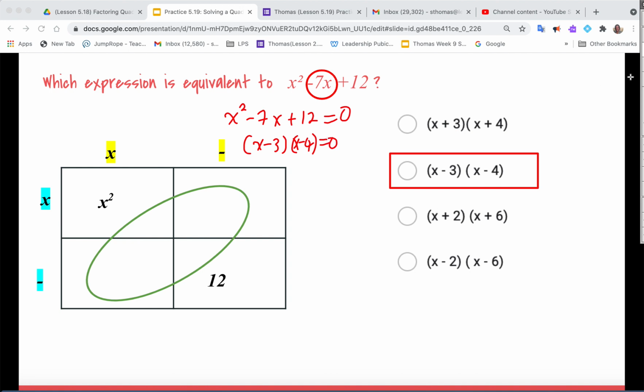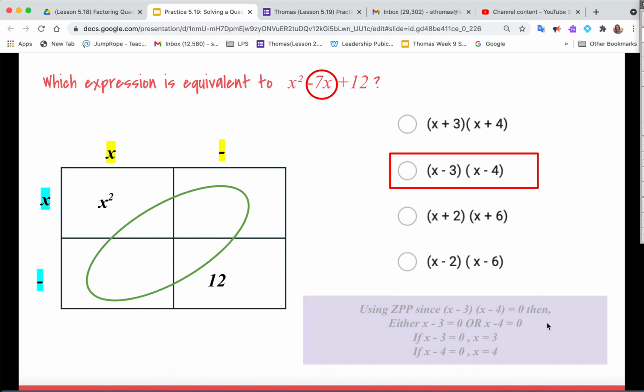So since that is the case, we're going to use the zero product property. So if the factored form of the equation is equal to 0, either the first factor x minus 3 is equal to 0 or the second factor x minus 4 is equal to 0.